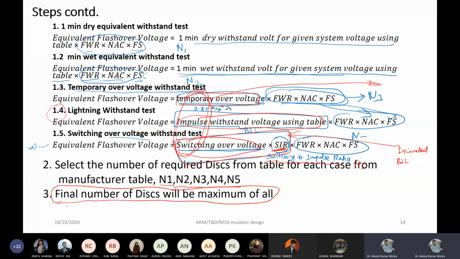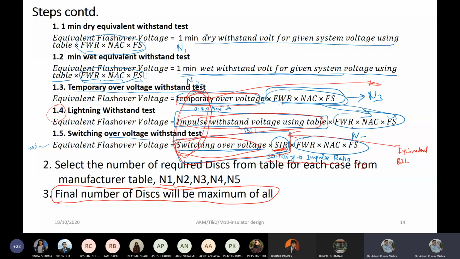What you have to answer is: discuss the role of neutral grounding, which some people also call system grounding, for the case of temporary overvoltage withstand voltage, lightning withstand voltage, and switching overvoltage withstand voltage. I hope that you understand what I mean.